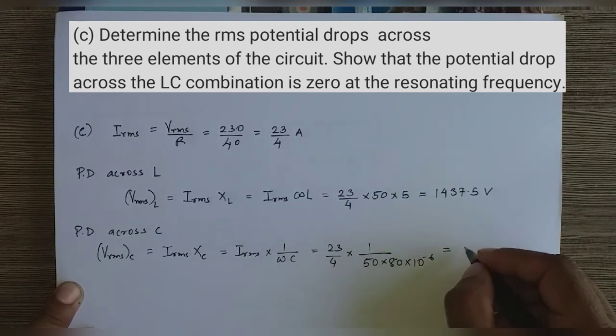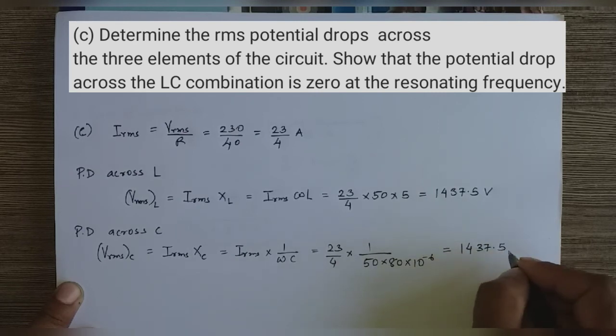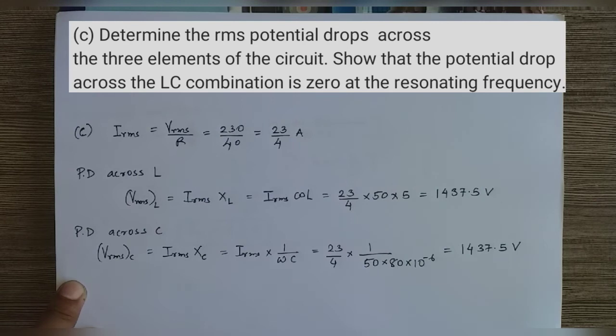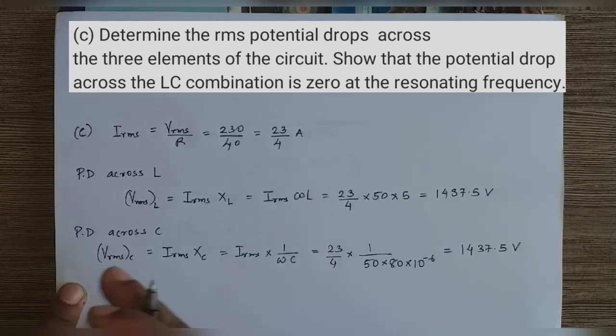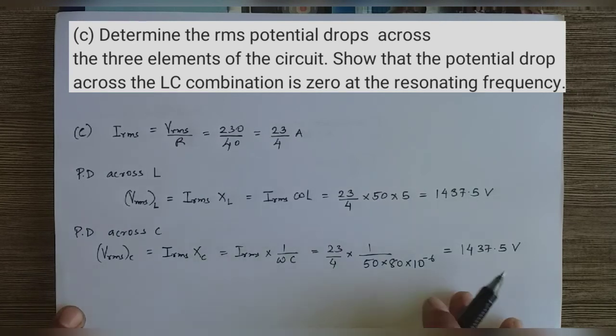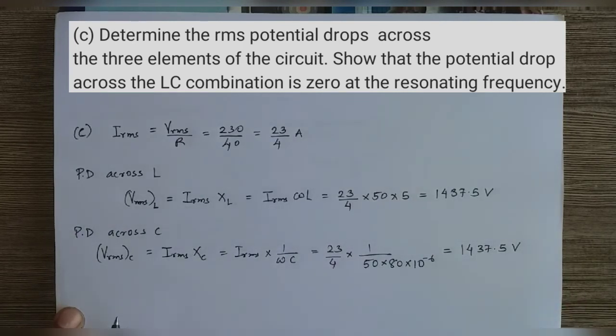On calculating, it is 1437.5, the same. We know that the voltage drop across L and C is the same at resonance.